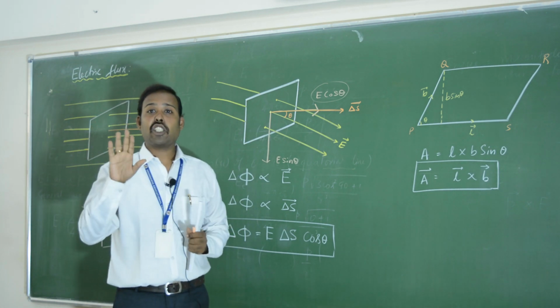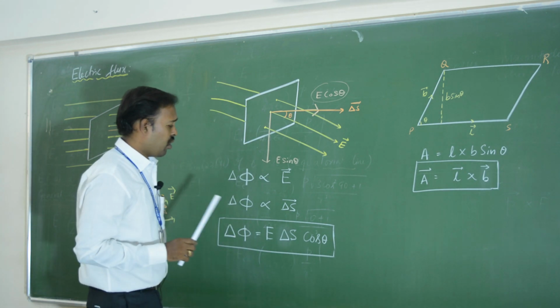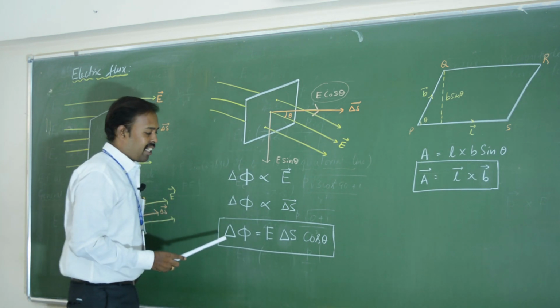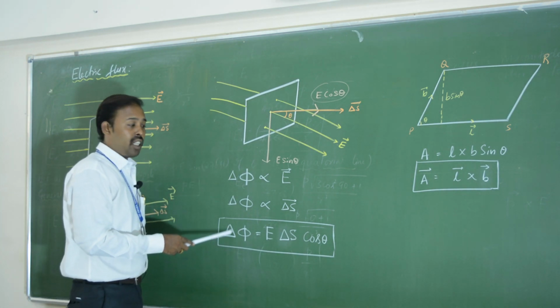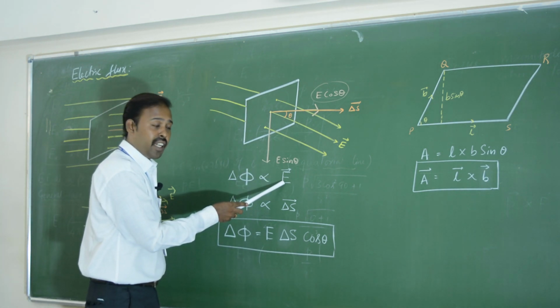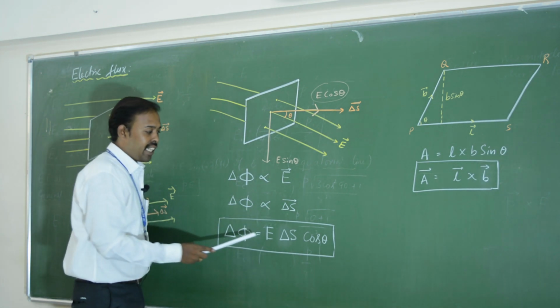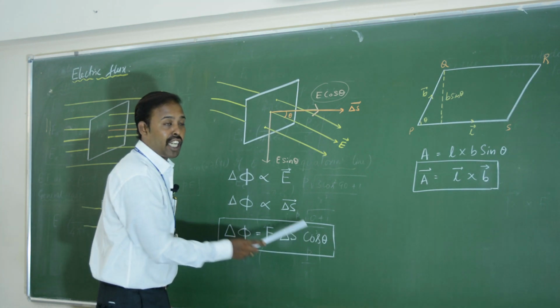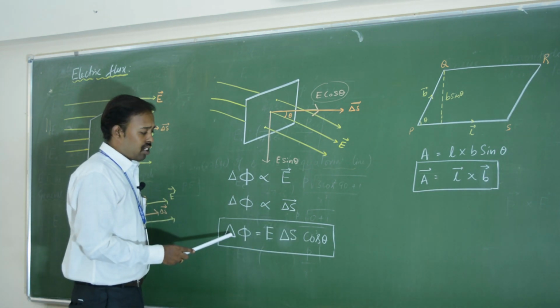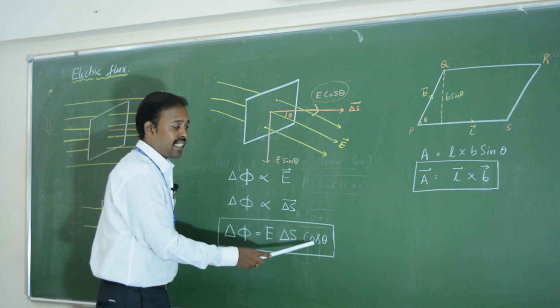That means it also depends on the angle. So the flux depends on the electric field intensity and also the area. Therefore the flux can be written as E delta S into cos theta. So delta phi will be equal to E delta S cos theta.